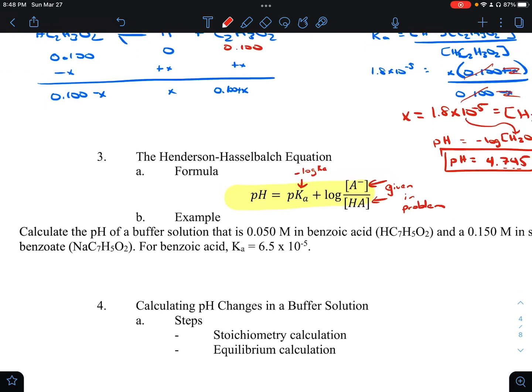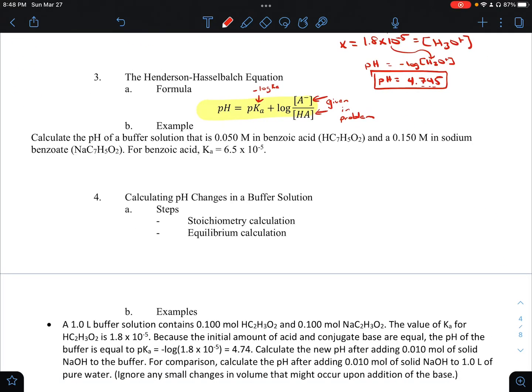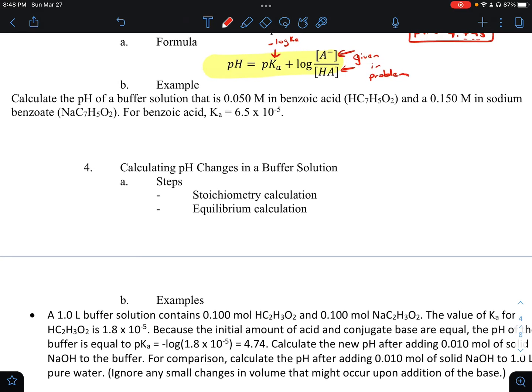So let's see if we can solve the problem for this one, our benzoic acid. It says calculate the pH of a buffer solution that is 0.050 molar in benzoic acid and 0.150 molar in sodium benzoate, and our Ka is there. So we're looking for our pH.